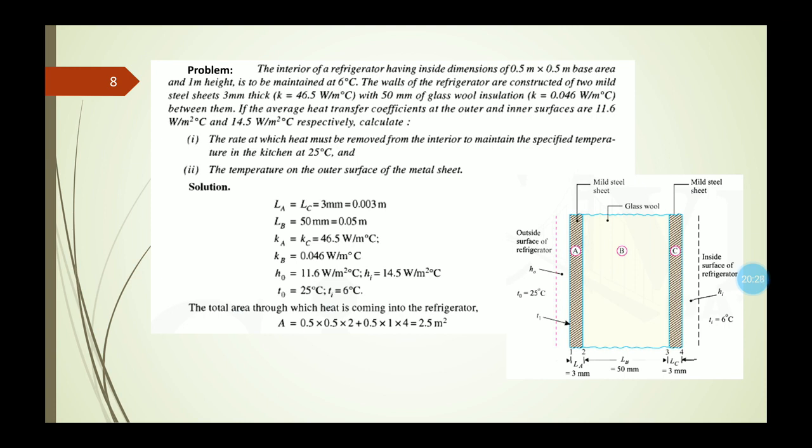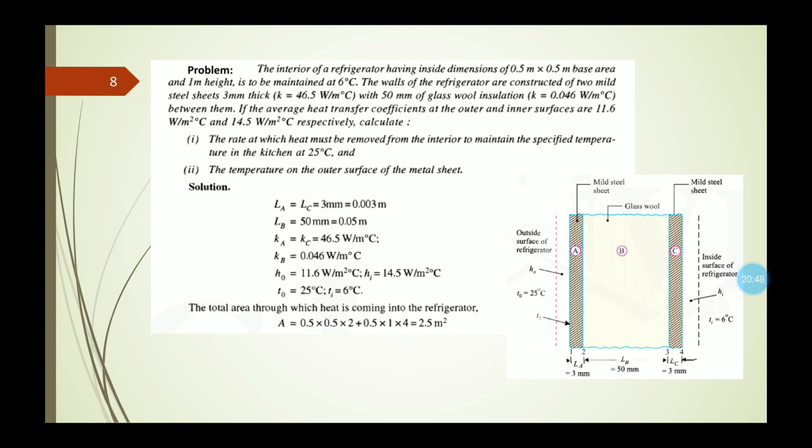The thickness of the glass wool, LB, is given as 50 mm. The thermal conductivities KA and KC are equal and are given as 46.5. The thermal conductivity of the glass wool is given as 0.046 watt per meter degree centigrade.